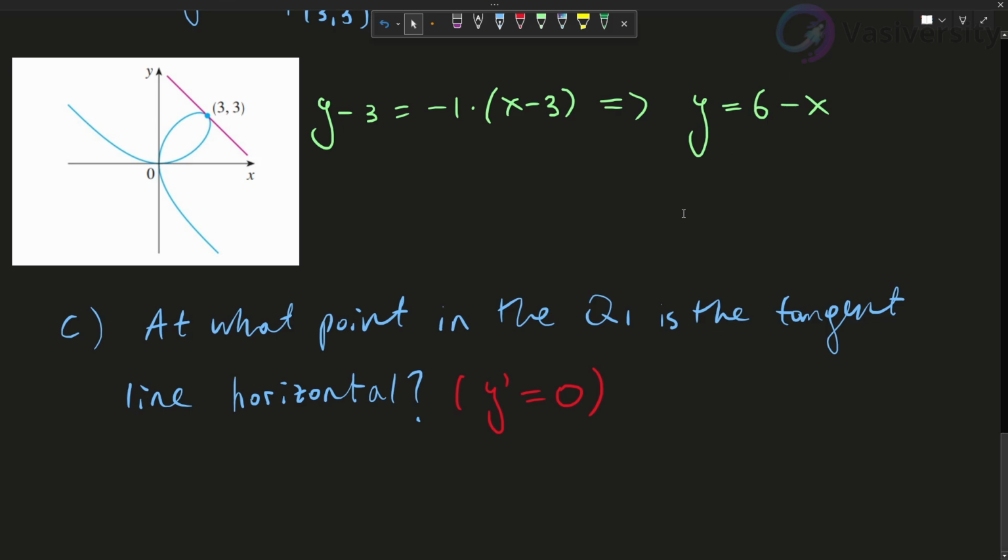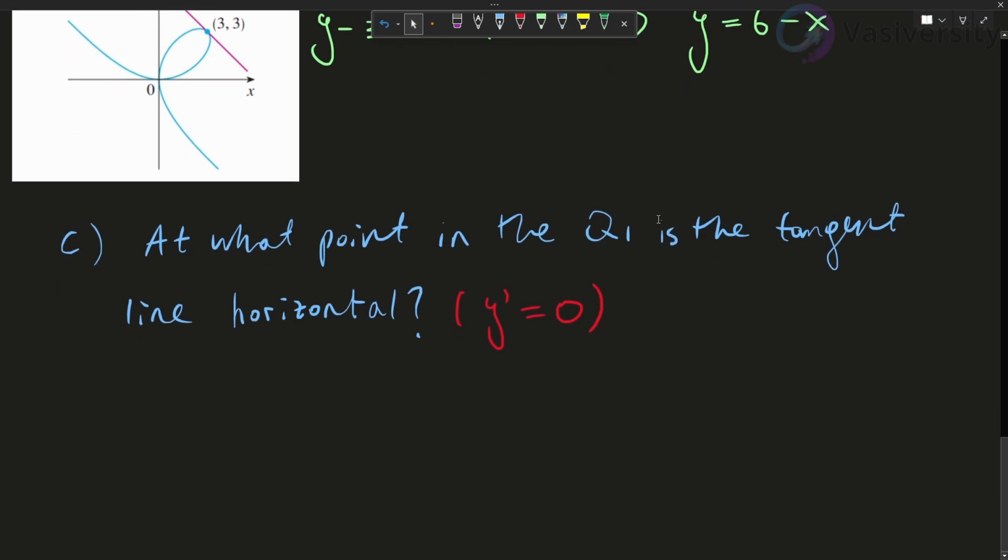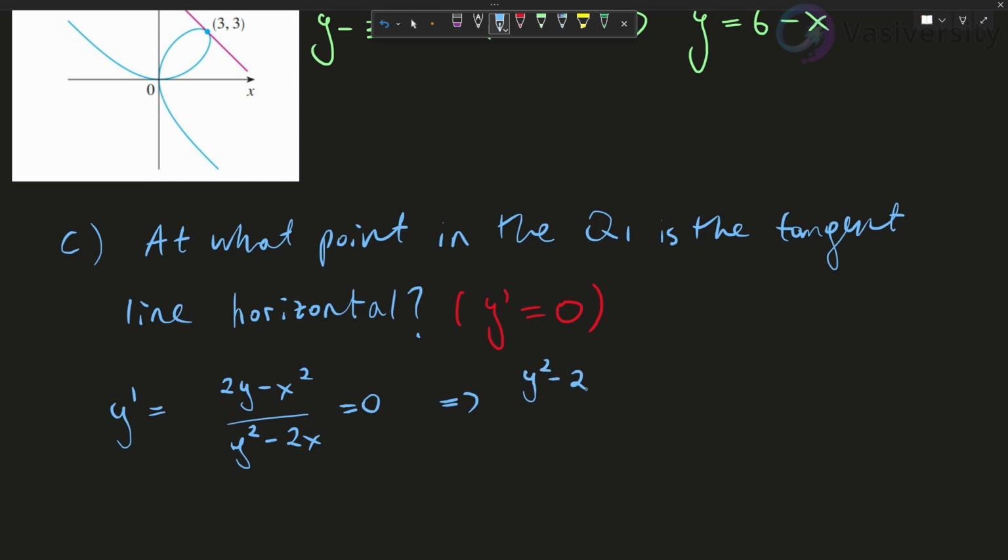Well, of course we have to go ahead and equate y prime, which is equal to 2y minus x squared over y squared minus 2x, to 0. So we are assuming that we're not dealing with 0, 0. So we assume that y squared minus 2x is not equal to 0.